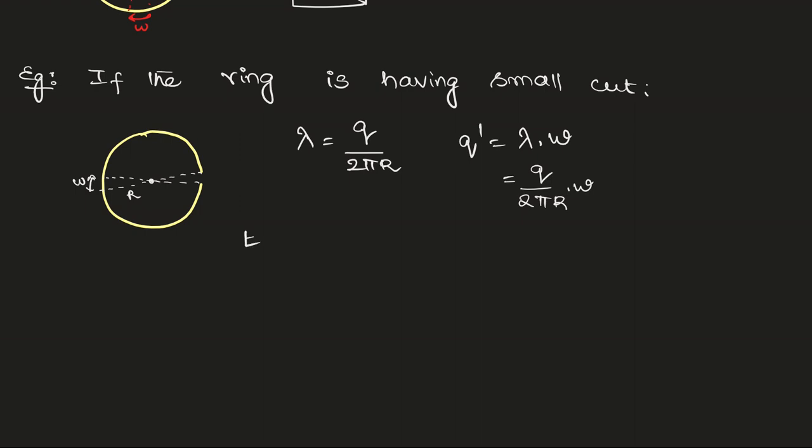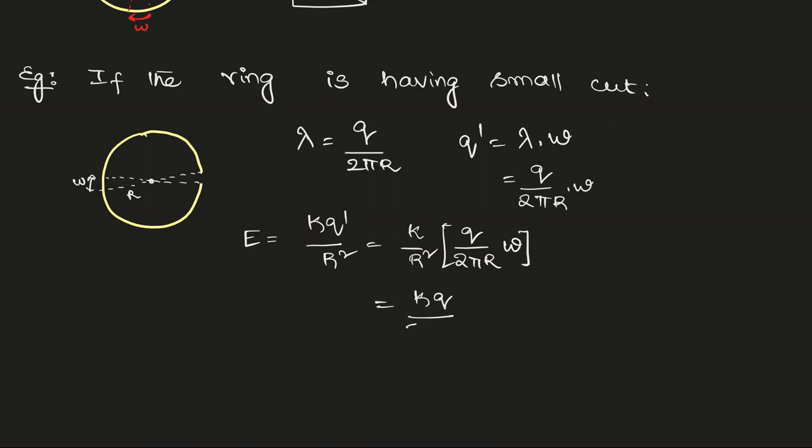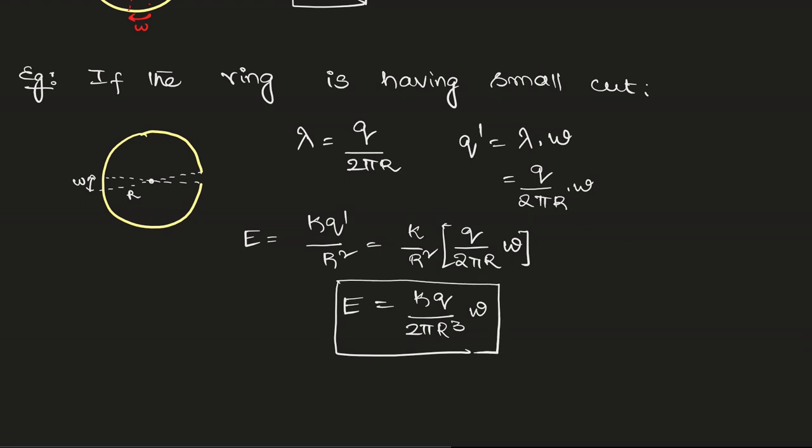Now the electric field due to that small element will be k q dash by distance squared, that is k by r squared into q by 2 pi r into w, that is k q by 2 pi r cube into w. This is the electric field at the center of a ring with a small cut. Small cut means here we have to ignore w with respect to r. So you can expect this kind of question.